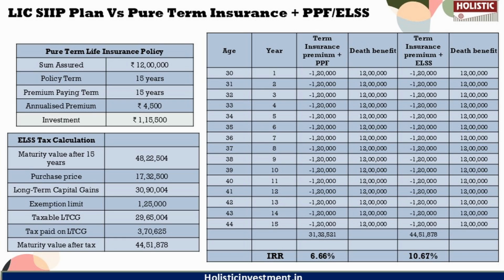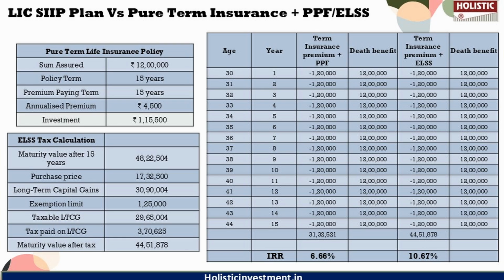And for life cover purpose, we have opted for a pure term life insurance policy, which would cost us a premium of 4,500 rupees for a sum assured of 12 lakhs, which compared to the premium we paid for the LIC policy was 1,20,000 rupees. So here the balance amount could be invested as per your choice.